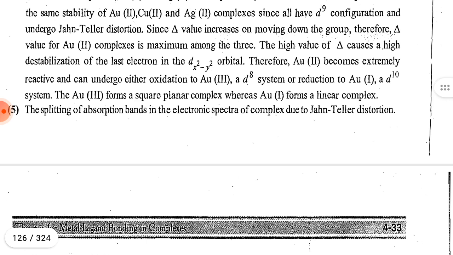Since the delta value increases on moving down the group, the delta value for the gold(II) complex is maximum among the three. The high value of delta causes a high destabilization of the last electron in the dx2-y2 orbital.